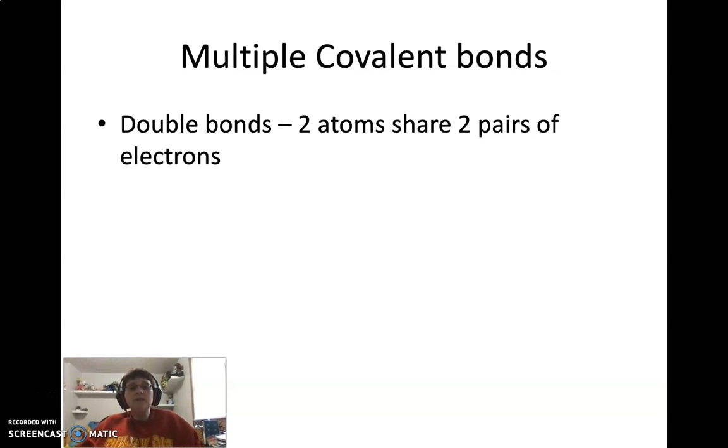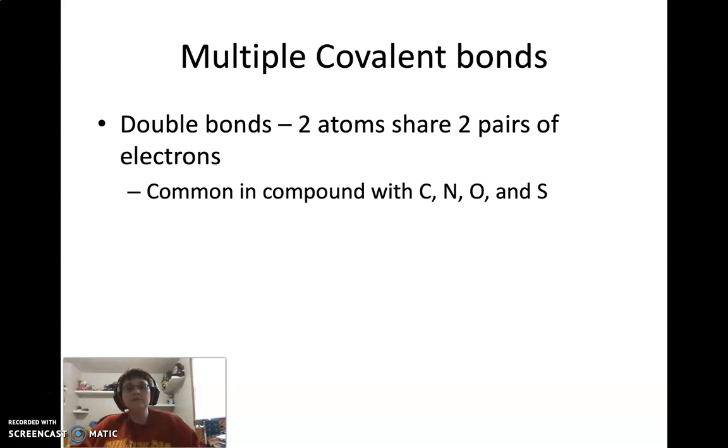So they can have single bonds like we've seen with water and hydrogen, or they can share 2 pairs of electrons and create a double bond, which makes a stronger bond between those 2 atoms. These are common in compounds of carbon, nitrogen, oxygen, and sulfur, because all of these atoms have the ability to make 2 or more bonds with other atoms.